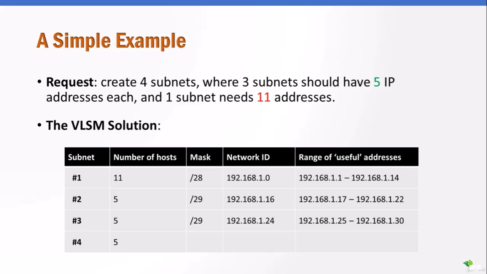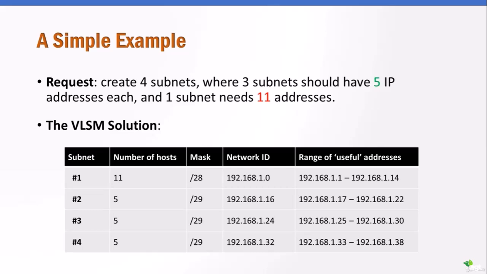And the range is going to go from 25 to 30. Then 31 is going to be the broadcast for subnet 3. So the network ID for the fourth subnet will be 192.168.1.32, and the range is going to go from 33 to 38.